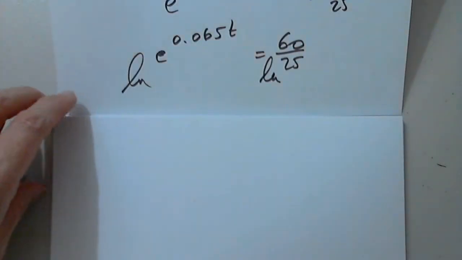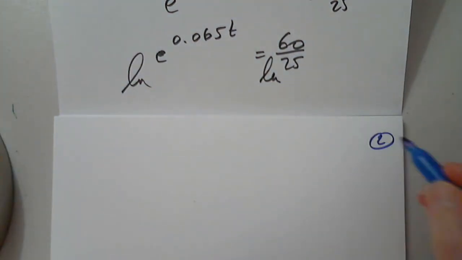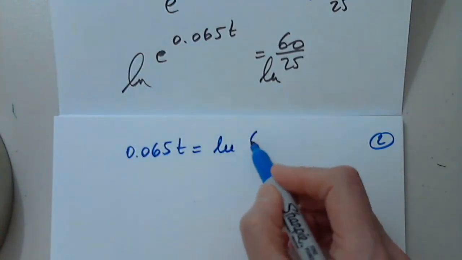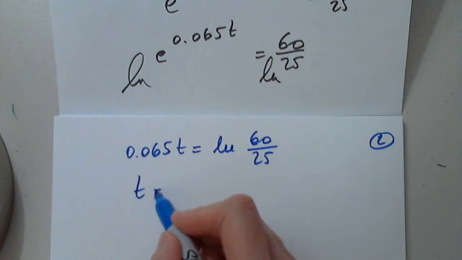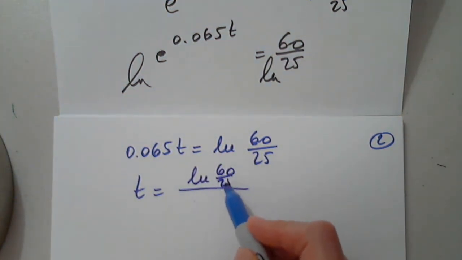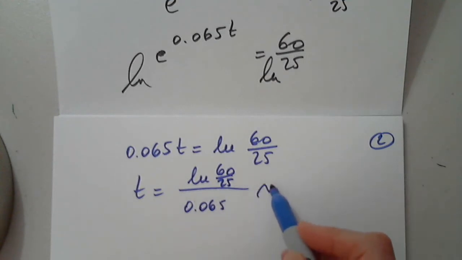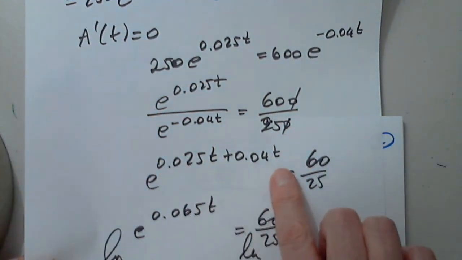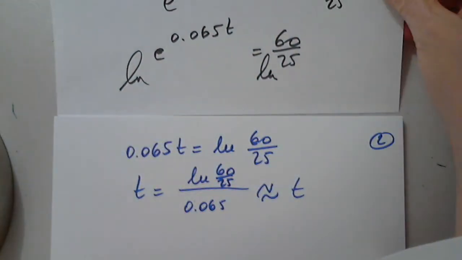Okay, so let's continue. I have 0.065t equals natural log 60 over 25, or t equals this over that. Natural log 60 over 25, divided by 0.065. So let's see, approximately t equals. Let me just make sure that I have here 0.065. Yeah, it appears that everything is correct.